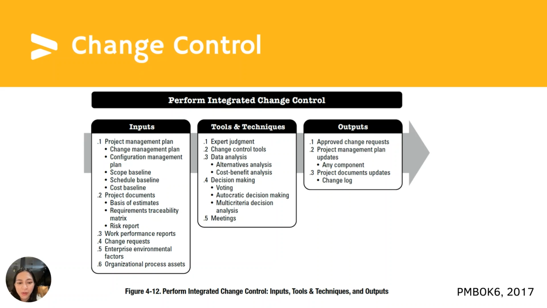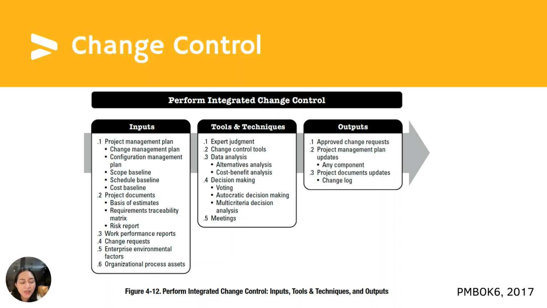Normally, it's about the cost of implementing change, modifications in the schedules, resource requirements, whether you need to add or cut down on them, or the risks of doing that. So all of these should be approved by your change control board if it exists, or by the customer, the sponsor, or your stakeholders.